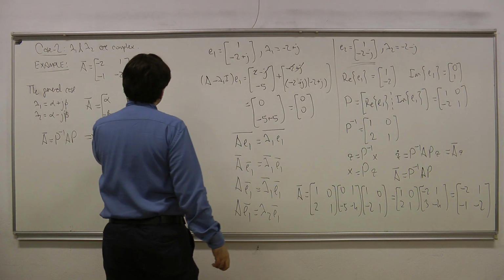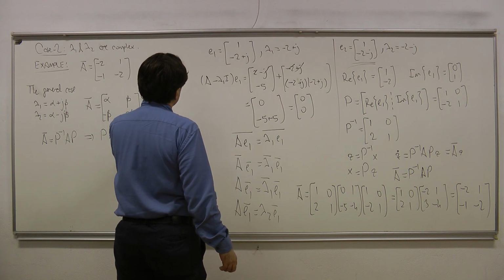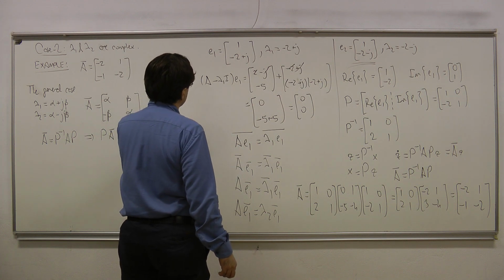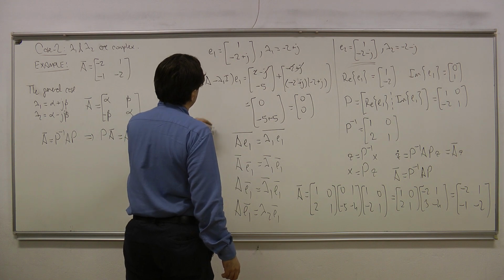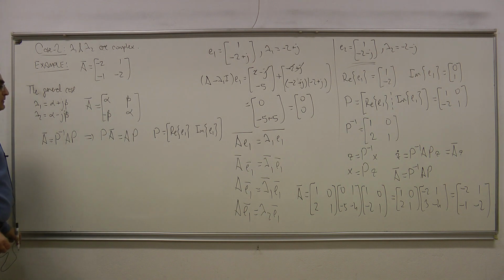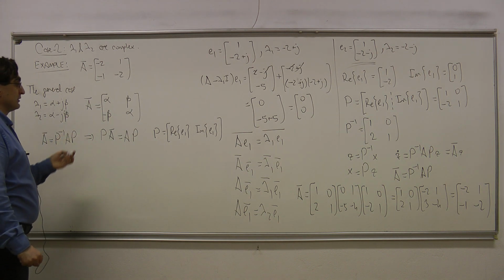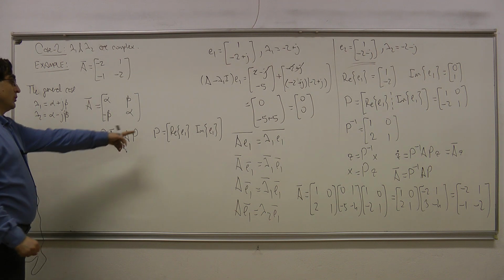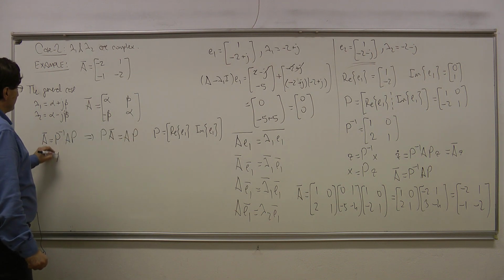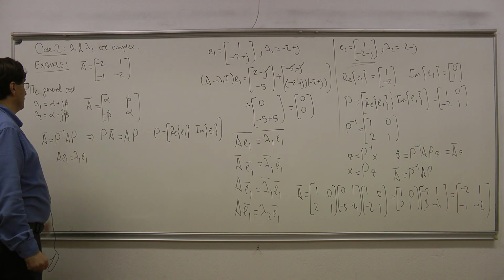So here I'm selecting my P, this specifically, as the real part of the first eigenvector and the imaginary part of the first eigenvector. Okay? And I know that these eigenvectors satisfy the following relationship. I know that this eigenvector satisfies this relationship: A times E1 is equal to lambda 1 times E1.